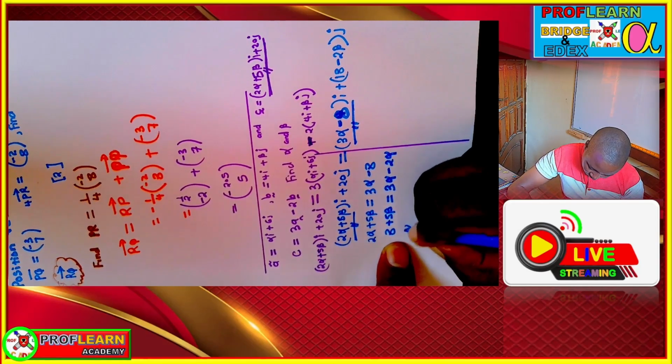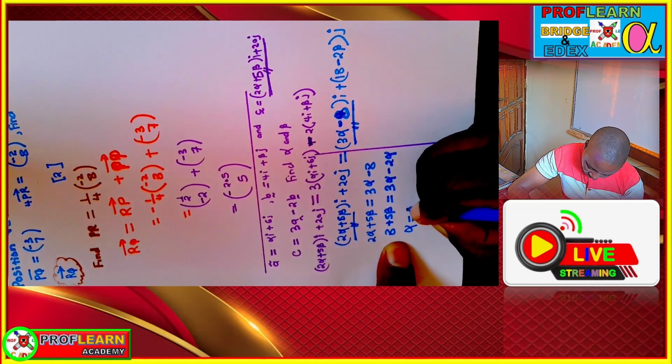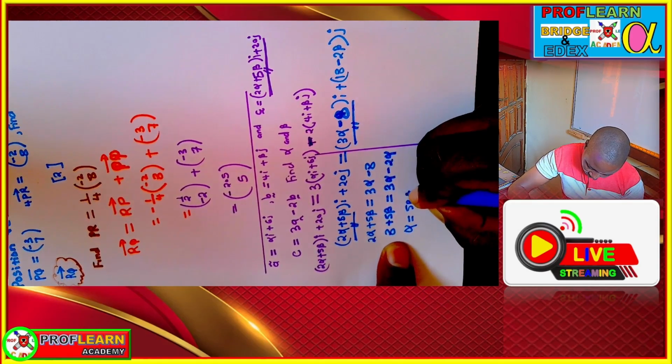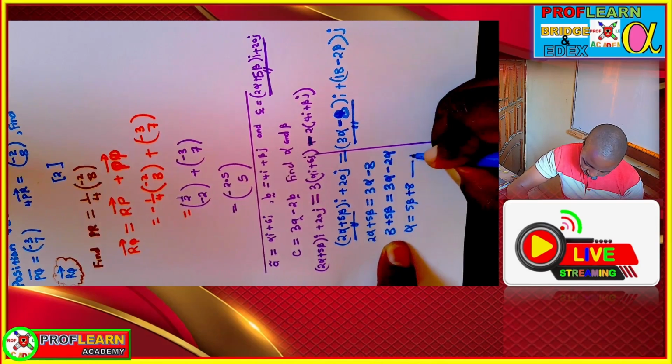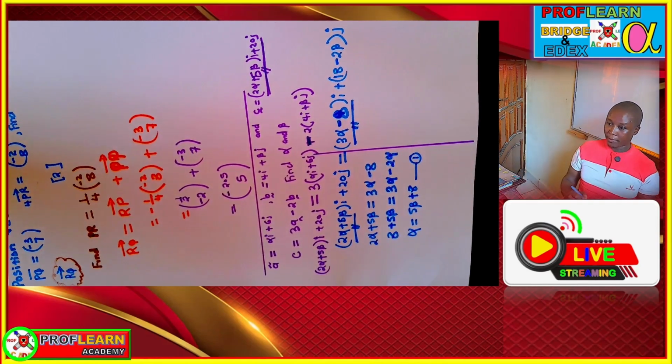So we shall have alpha is equals to 5 beta plus 8, and this becomes our equation number 1.